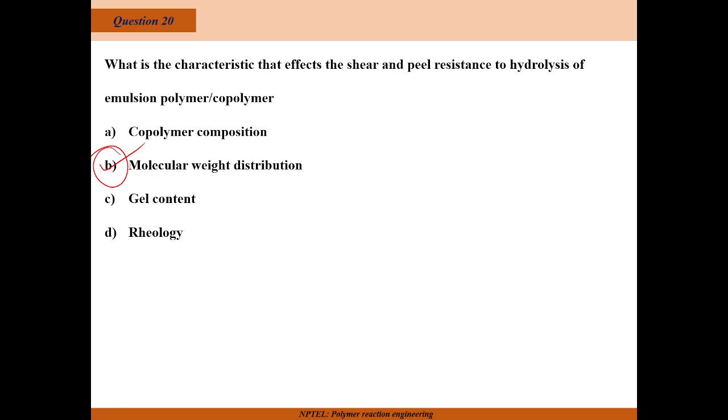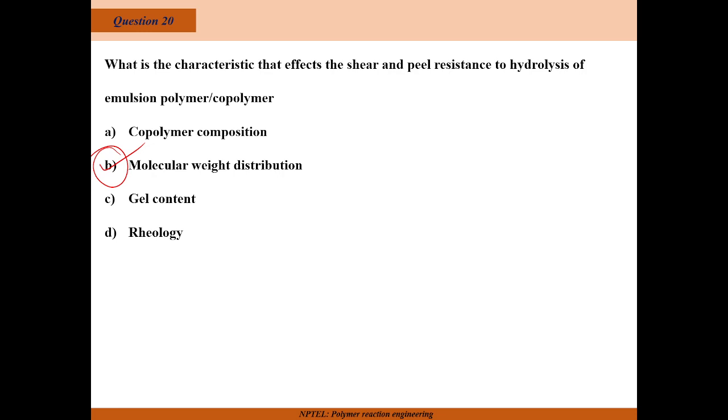Yeah, that's it. If you think about it logically, if we have a polymer and the molecular weight distribution is very uneven, there will be a part where the molecular weight is low, which means that in general the bond energy or total bond strength would be comparatively lesser.